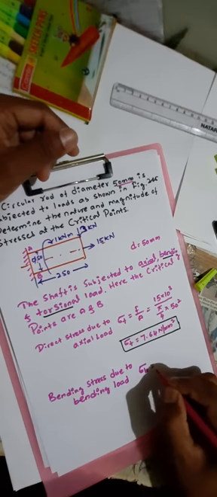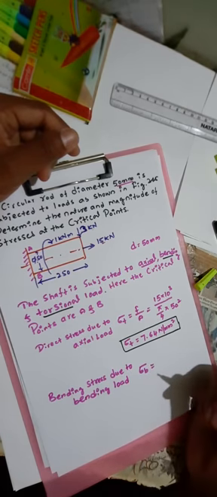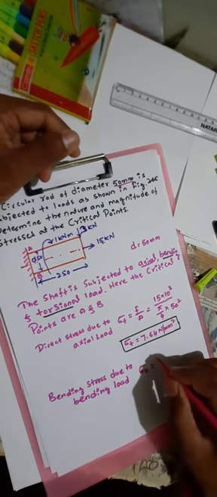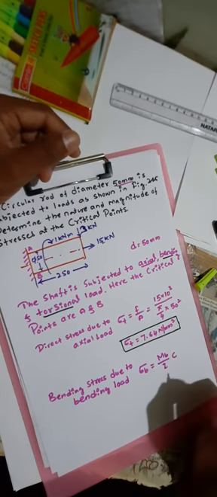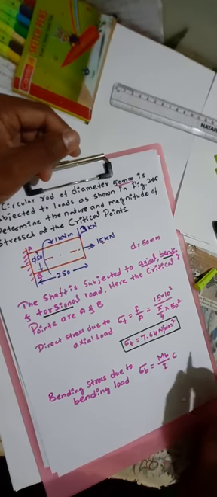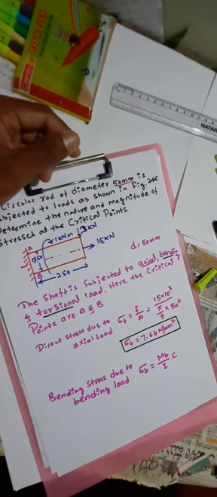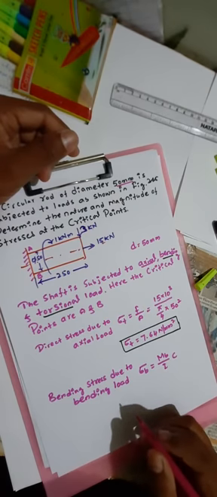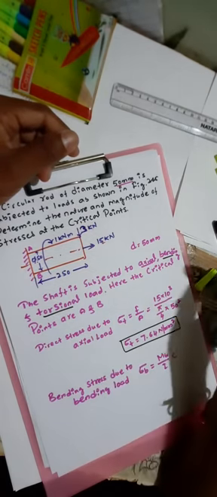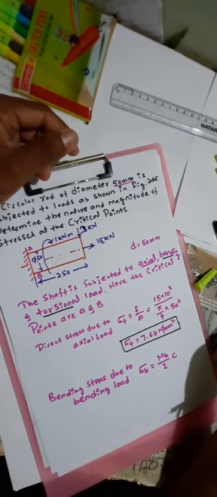Sigma b is equal to Mb by I into C. This is the formula to find out the bending stresses. Here what is meant by C or D? Both are the same, which is 50.